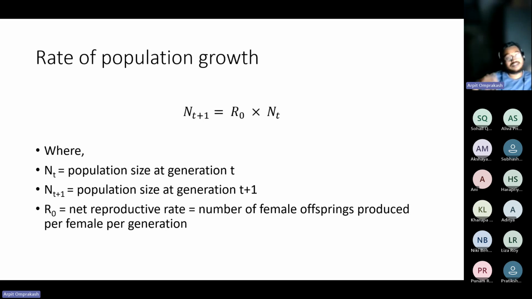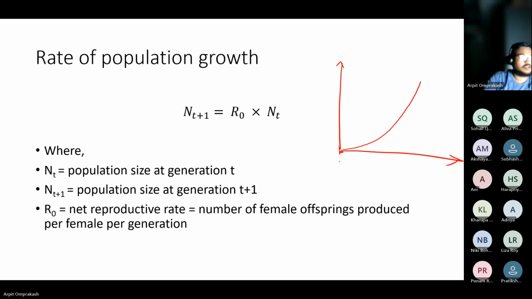If R naught is greater than 1, then the population is increasing. Generally, R naught values, initially when the population is starting, tend to be greater than 1. In that case, the population will tend to grow, and it will be some sort of exponential growth because N will keep compounding over time. So let's say here you have 10 individuals, and let's say your R is 2.